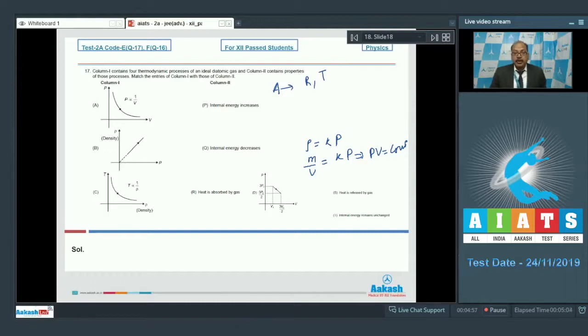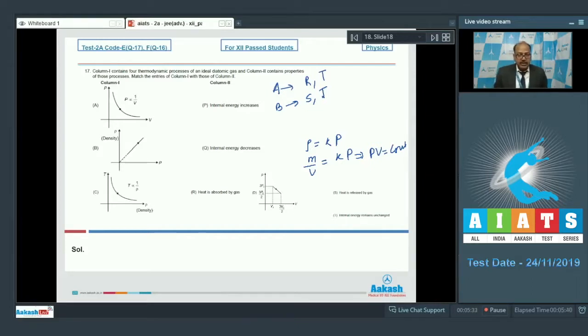So B is a case of isothermal compression. If that is the case, then internal energy will remain unchanged, but the work done by the gas will be negative, which means heat will be released by the gas. So for B, we have S, heat is released by gas, and T, internal energy remains unchanged.